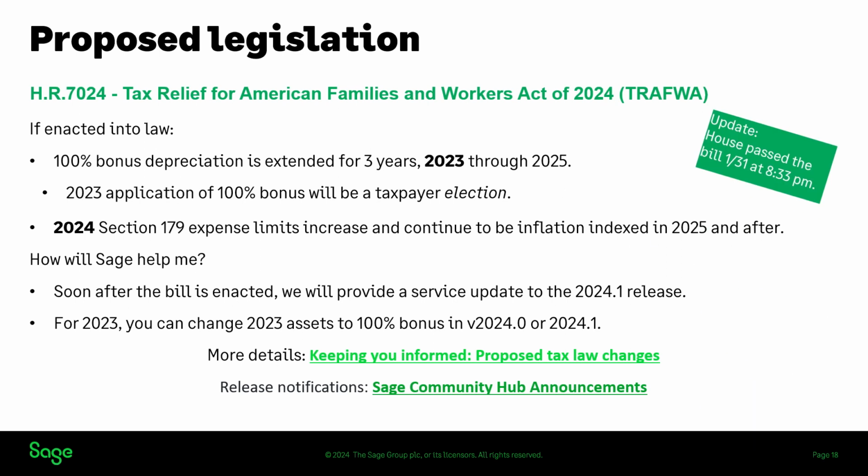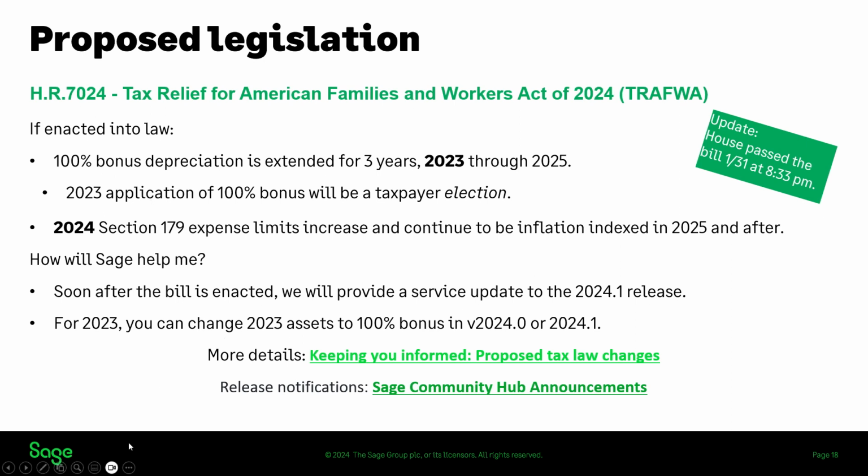And as of last night, the House passed the bill at 8:33 p.m. and it's gone on to the Senate. At this point, we don't know when the Senate's going to take it up, if they're going to propose changes, when it might pass, but we are preparing an update for it. So let me just talk quickly and tell you what's involved in it.